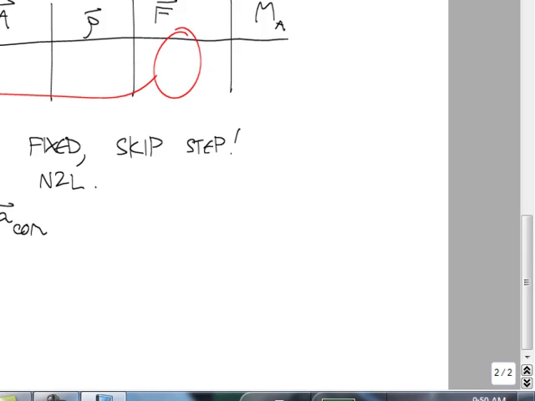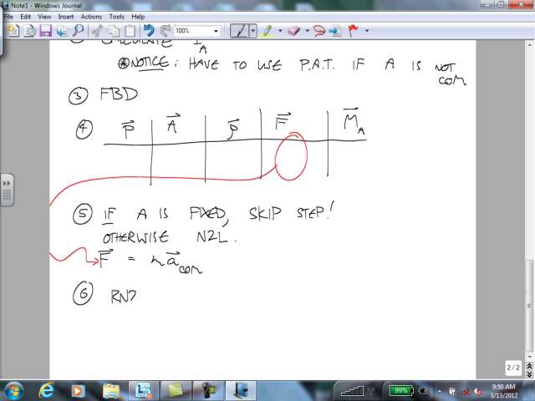Six, rotational Newton's second law. So that says add up all the external moments about your about point. That's equal to the moment of inertia times the angular acceleration.